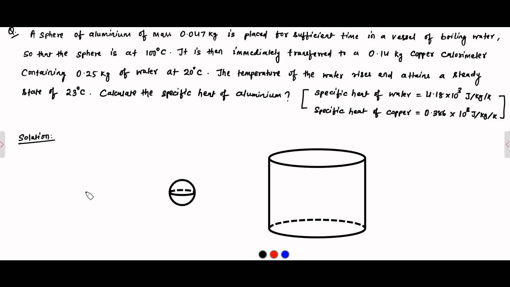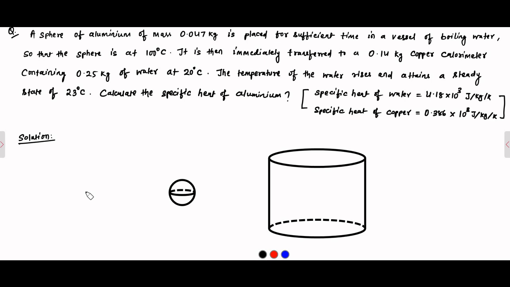It is then immediately transferred to a 0.14 kg copper calorimeter containing 0.25 kg of water at 20 degrees Celsius. The temperature of the water rises and attains a steady state of 23 degrees Celsius. Calculate the specific heat of aluminium.